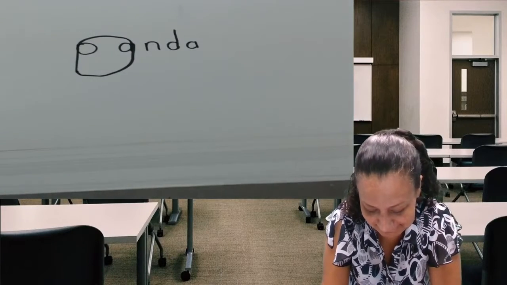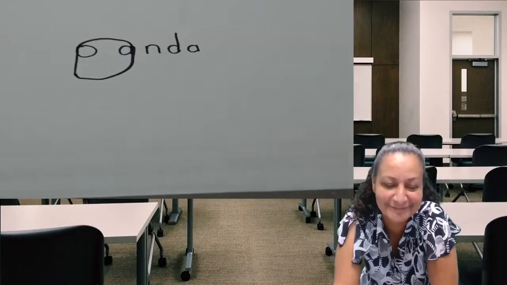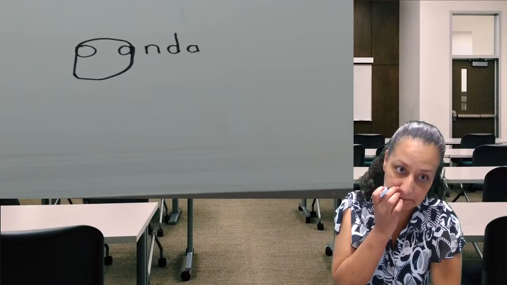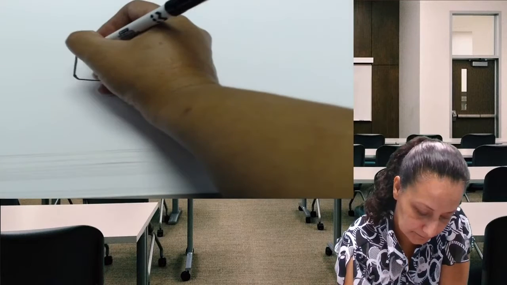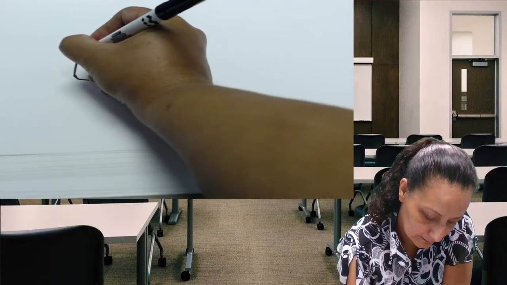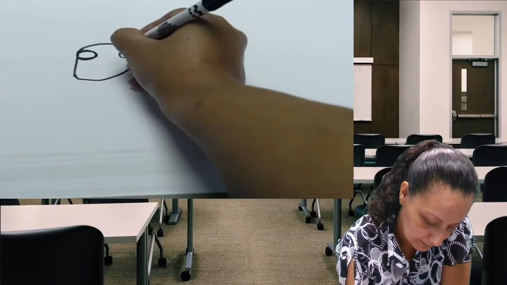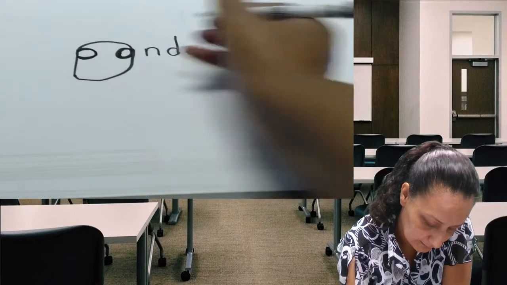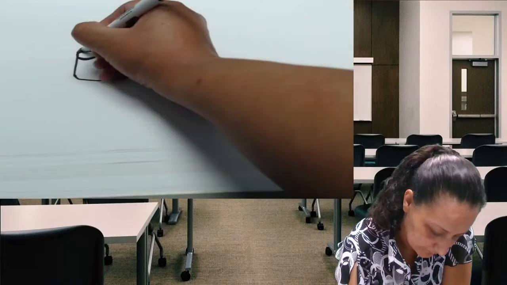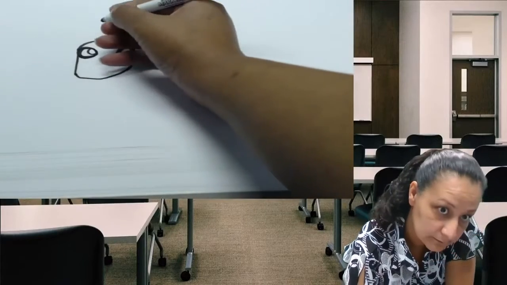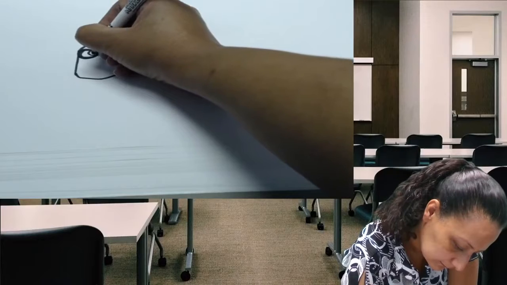There we go. So that's going to be our panda head and eyes. So we're just going to color in the eyes a little bit because pandas have black outlines around their eyes. And we're going to give them their little pupils, so their little eyeballs, and color that in a little bit.